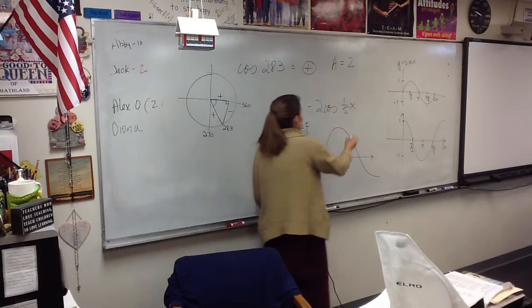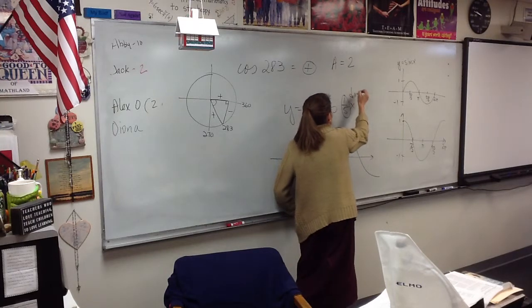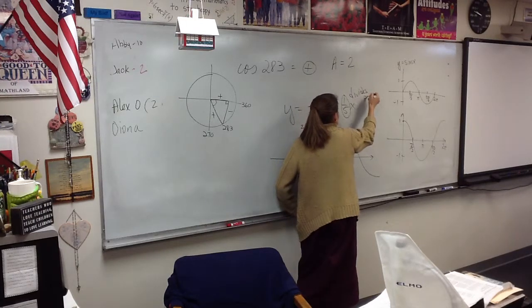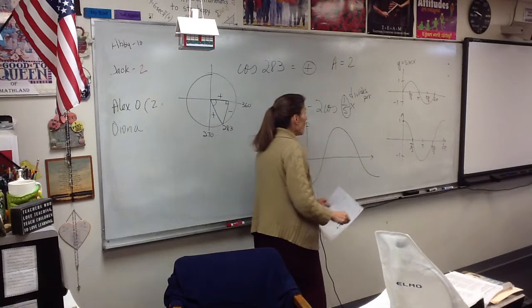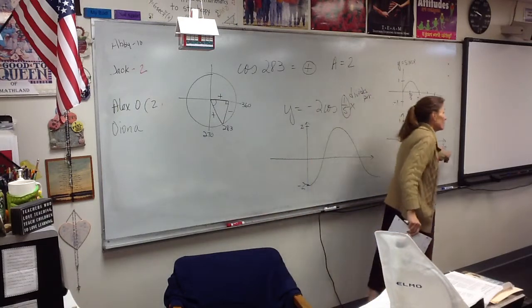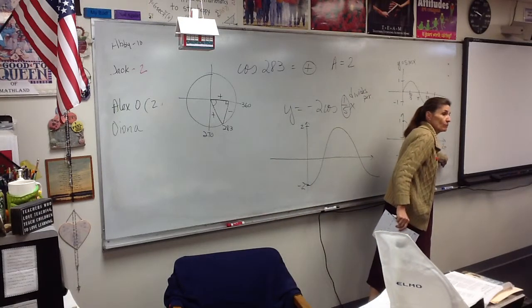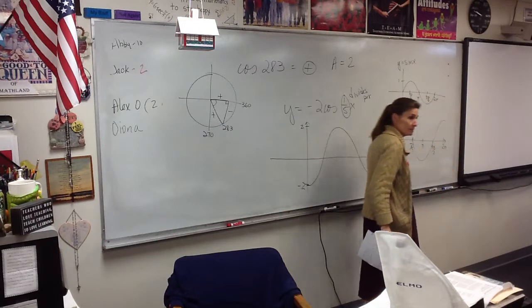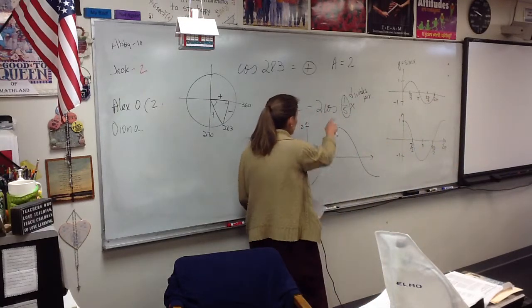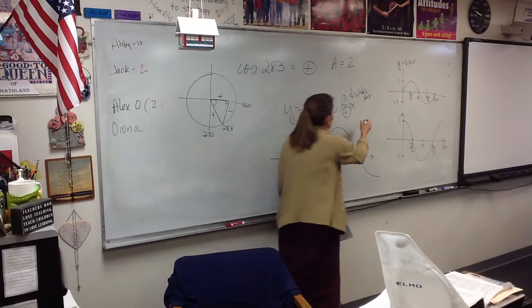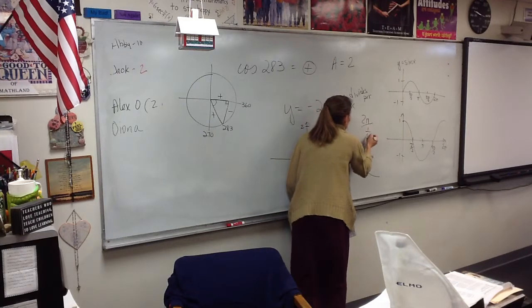Now, this number divides the period. What is the normal period of a cosine curve? 2 pi. This one has been divided by 1/5.